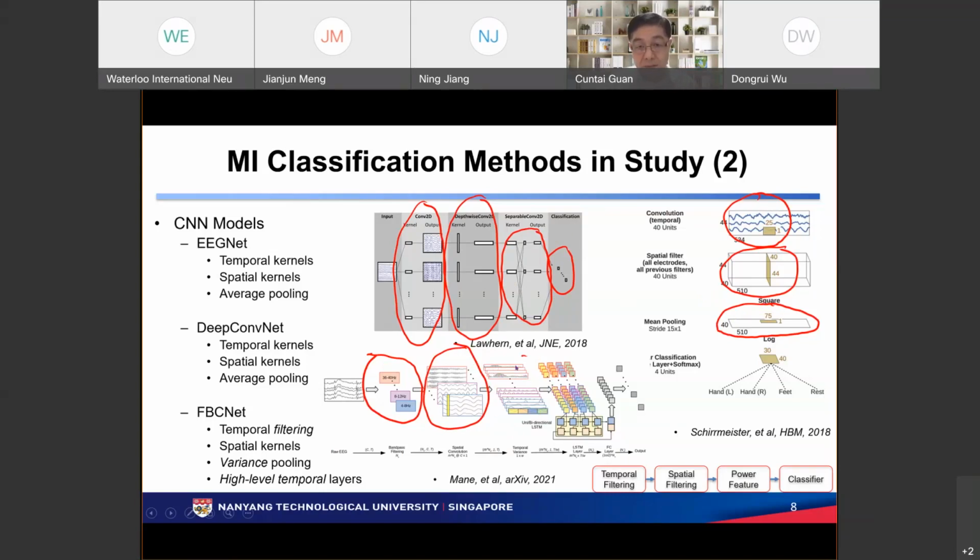In addition to this, we also add multiple layers, which we call high-level temporal layers, which capture temporal information, because motor imagery or motor intention from the motor area is basically based on ERD and ERS. So there is certain temporal information which may provide additional benefit to differentiate multiple classes.